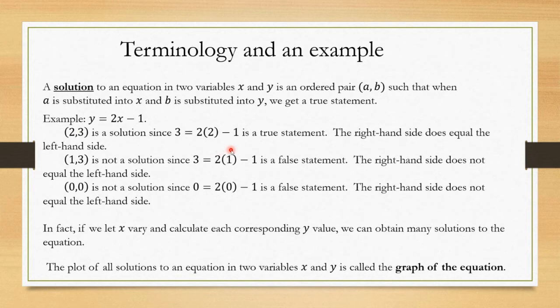This is actually a true statement: 3 equals 4 minus 1, which is 3. Hence, the right-hand side is equal to the left-hand side. So we get a true statement, so this is a solution to the equation.